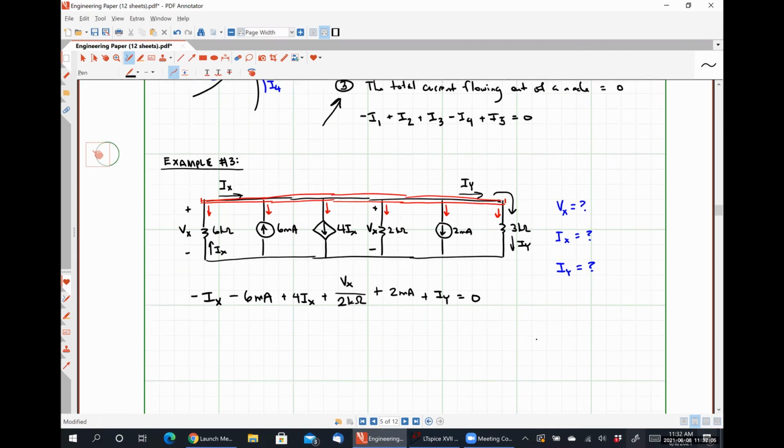So let's start with the one that I think is a little bit easier. Using Ohm's law, we should be able to say that Iy is the voltage drop over the 3 kilo ohm resistor, which is Vx, divided by the resistance value, 3 kilo ohms. Now, my question to you guys is, should this have a positive sign or a negative sign associated with it?